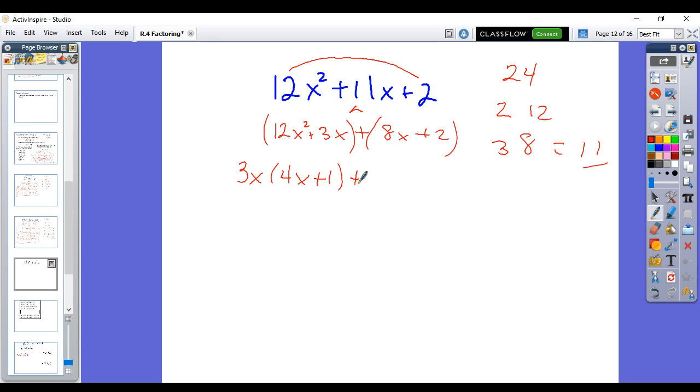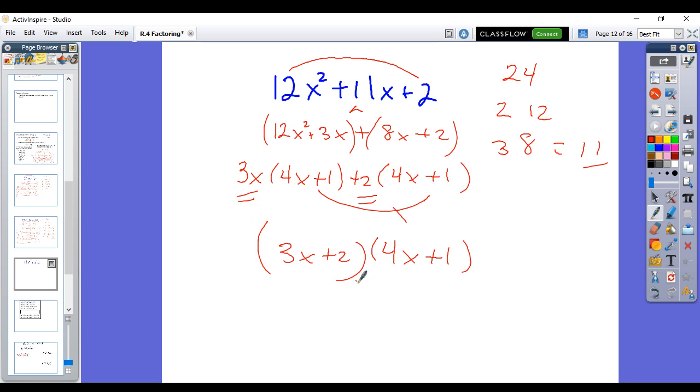Yes, plus 2. And then it'll be 4x plus 1. Look at that. Those two give us one of our binomials, 4x plus 1. What's on the outside? That's the other one, 3x plus 2. You should have got that same answer. All right, that's factoring by grouping.